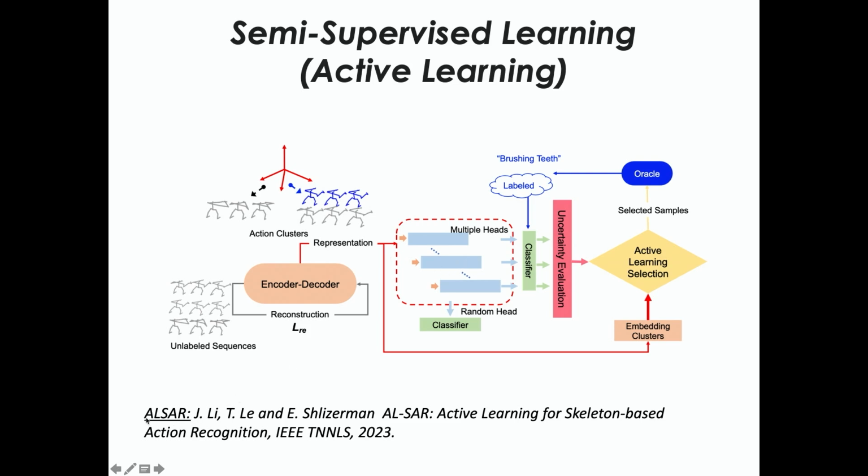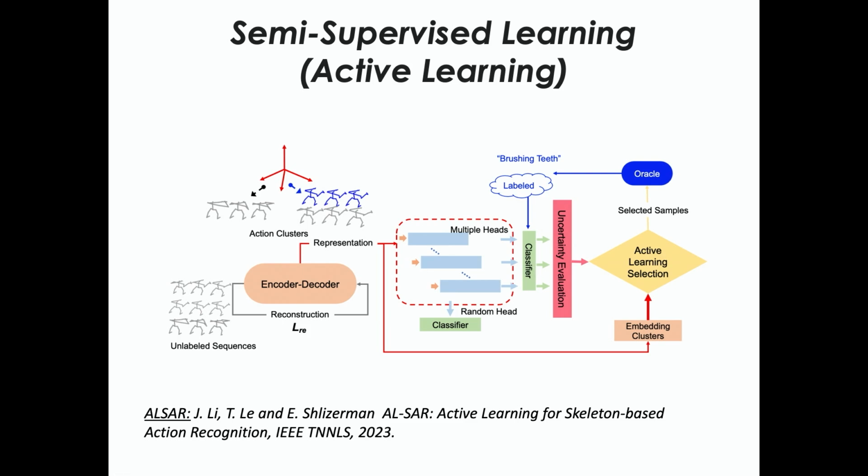So in the work that is called ALSAR, the idea is that once you have derived such a representation, one could apply a multiple head structure, which will estimate the uncertainty in the representation.